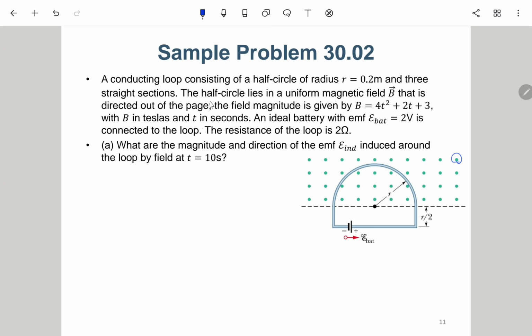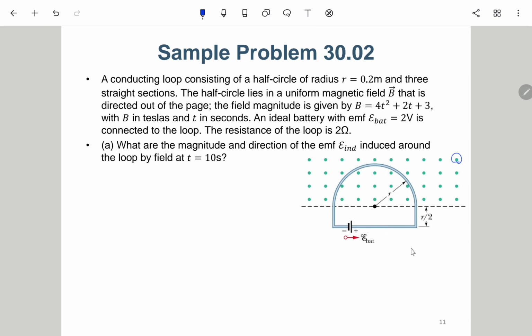The field magnitude is given by B equals 4t squared plus 2t plus 3, which is related to time, with B in Tesla and t in seconds. An ideal battery with EMF E bat of 2 volt is connected to the loop.